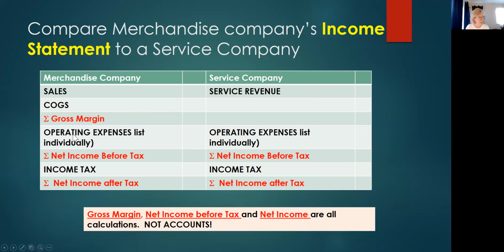Okay. Then we list all the operating expenses, subtract that from gross margin. Then we get net income before tax, income tax, net income after tax. Okay. So everything in red here is a calculation. Everything in black is an account, or in the case of operating expenses, it's a list of accounts.